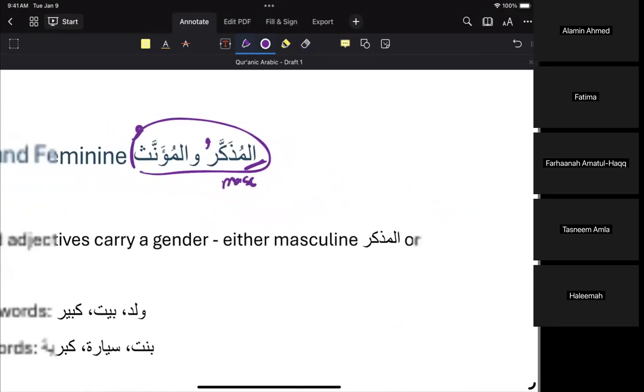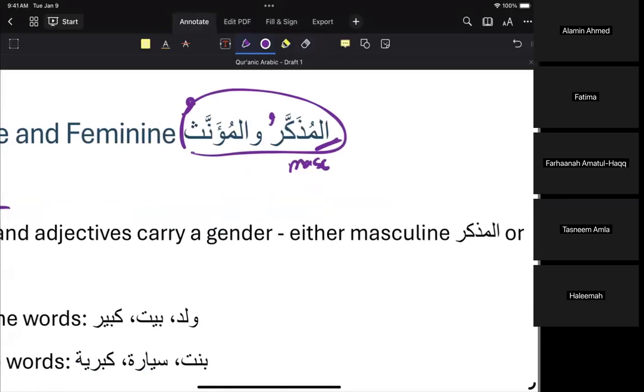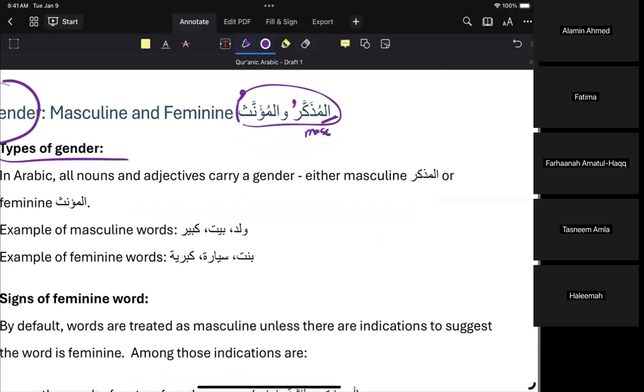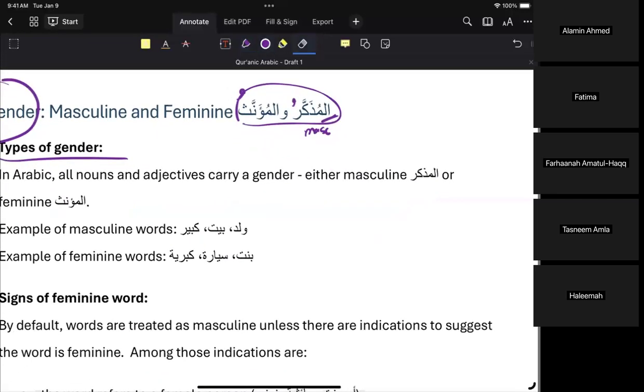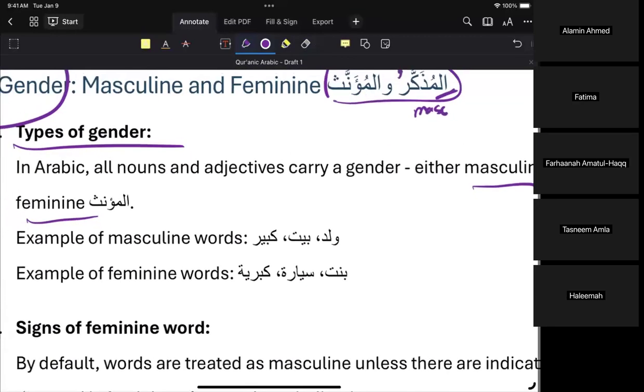I'm not trying to push you a lot on memorizing grammatical terms. If you know them, ahlan wa sahlan, very good. If you don't, that's fine. But the concept you need to know. So we have masculine, which is mudhakkar, and feminine, which is muannath, just like in English.